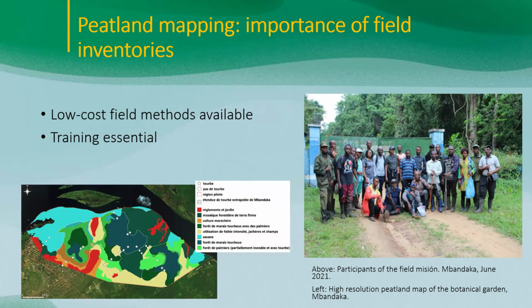That's a very important baseline setting in the countries where the maps are lacking, or there has been a lot of degradation since, and the maps and inventories need to be updated.